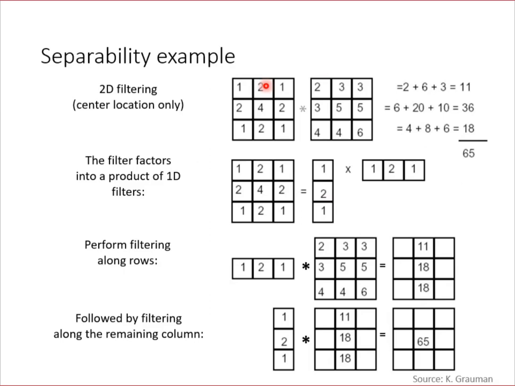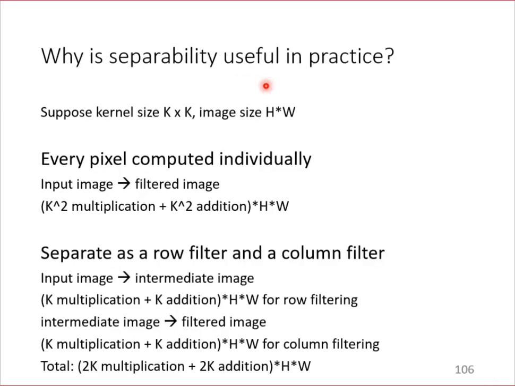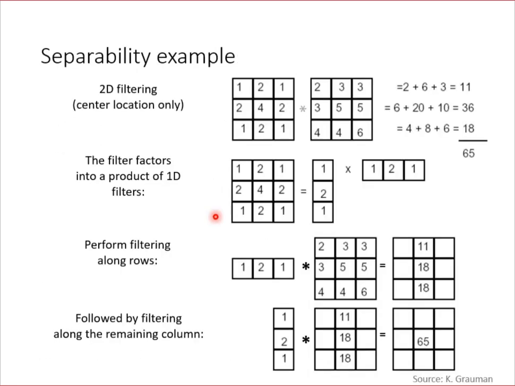So let's take a look. If we have a kernel filter whose size is k by k pixels, and an image whose size is h times w, then if we calculate the pixel values individually, we need k square multiplications and k square additions.